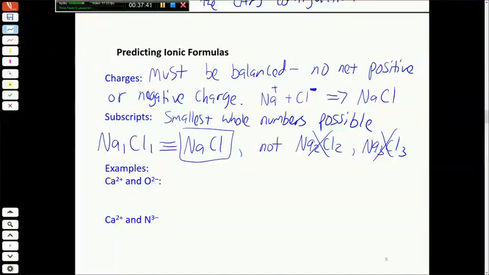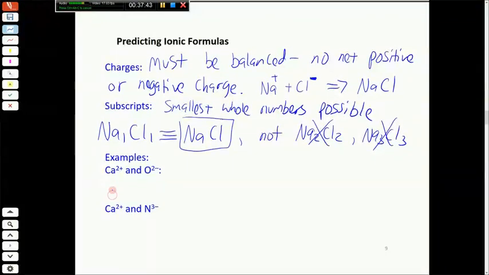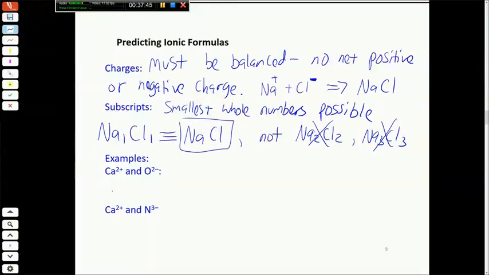So let's go through a couple examples of writing ionic compound formulas if we know the ions that they come from. So if we have calcium 2+ and O2-, a shortcut way of doing this that I like to show if arithmetic's not your strong suit is, when we want to write the formula, we take the charge on one of the ions and we make it the subscript on the other.